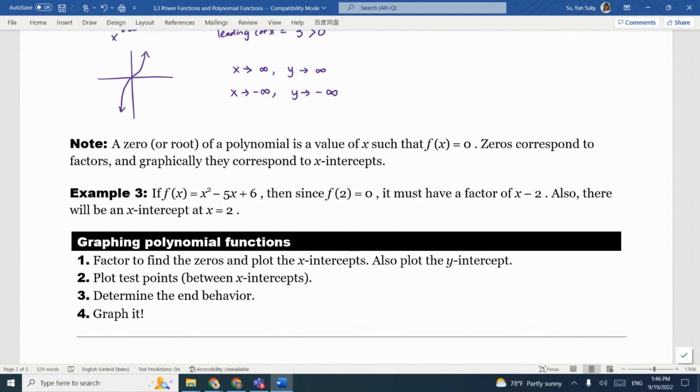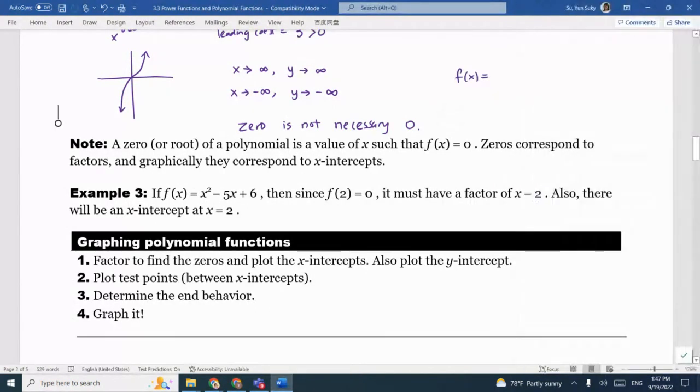The zeros of a polynomial are not necessarily 0. So what am I saying? The zero is not necessarily 0. Wow, what am I talking about? Zero is not 0? Okay, let's look at this picture.